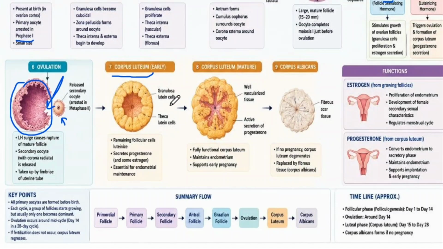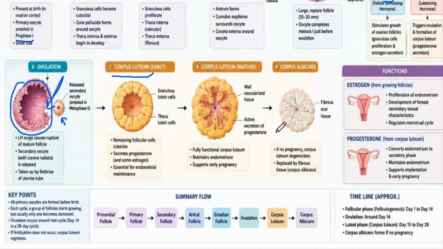About 7 days after ovulation, the corpus luteum reaches maximum size and activity. If fertilization does not occur, it gradually degenerates over the following days.